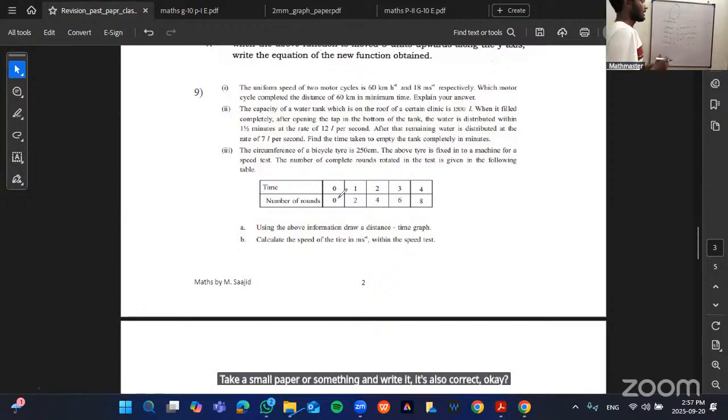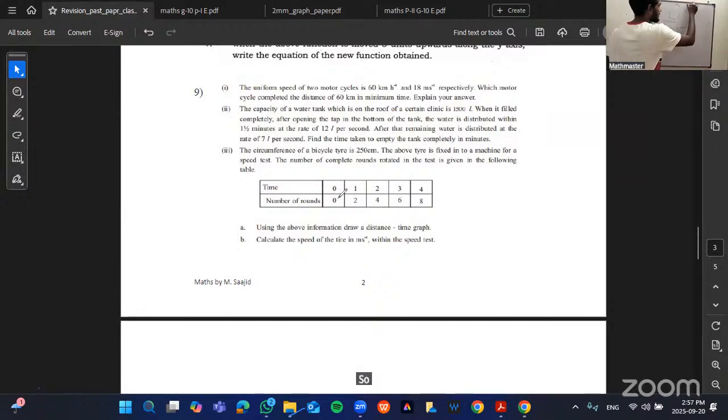Okay. So here distance is on this axis, time is here. The maximum distance is 2000 centimeters, so I'll write 2000 here, then 1500, 1000, and 500, in centimeters.